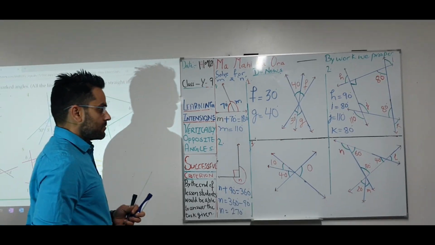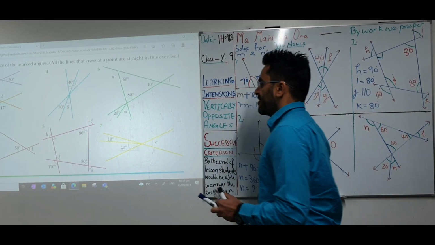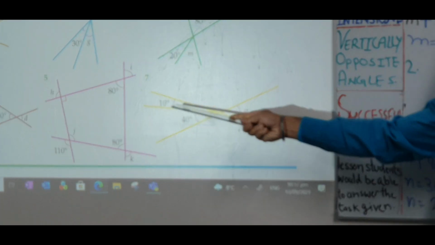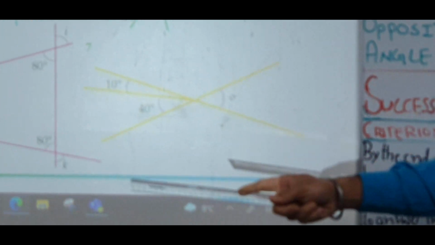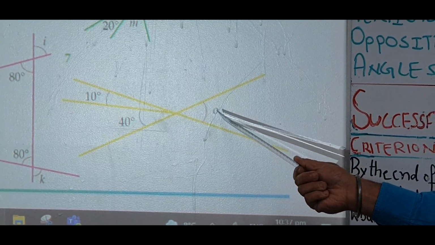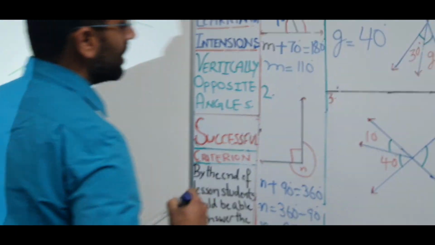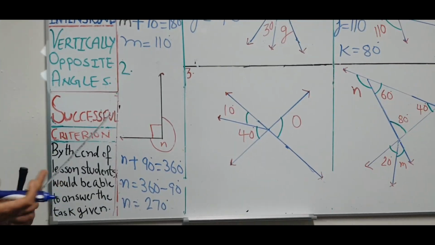Now I'm going to move here. You see one angle is 40 and one angle is 10, and the missing angle is O. As we learned, vertically opposite angles are equal.